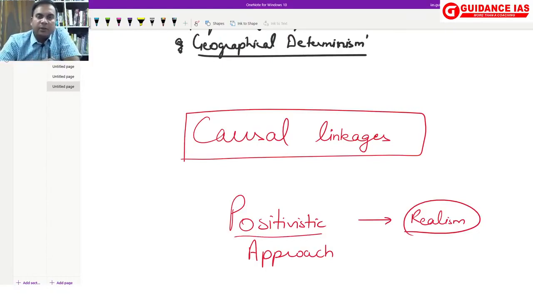And what they tried to do during this period in economic determinism, we will see that in all these theories, if you read, we will find that there is always one assumption they make. At least one assumption is there. And what is that assumption? Human beings are economically rational.